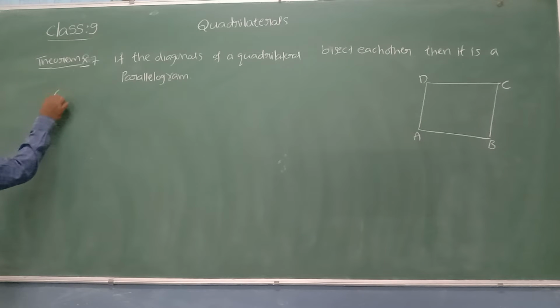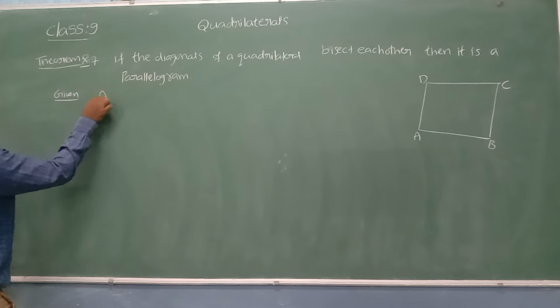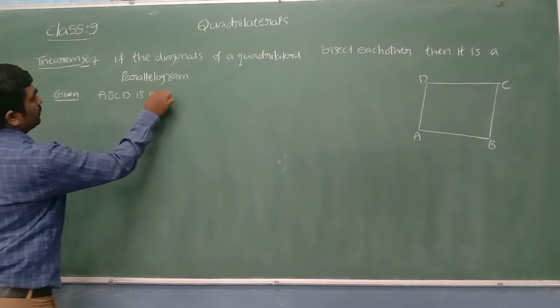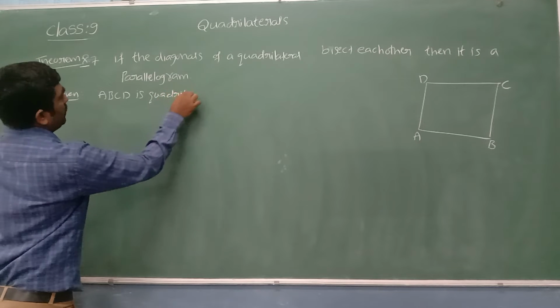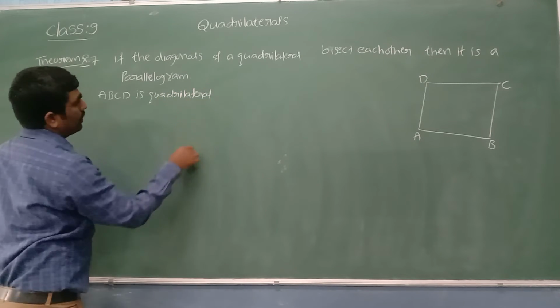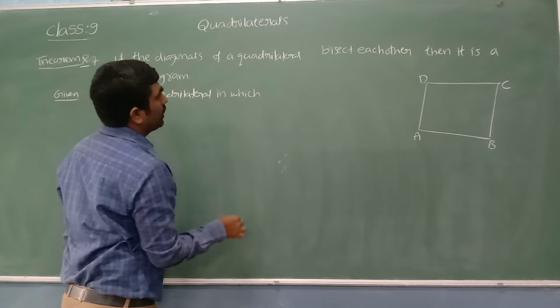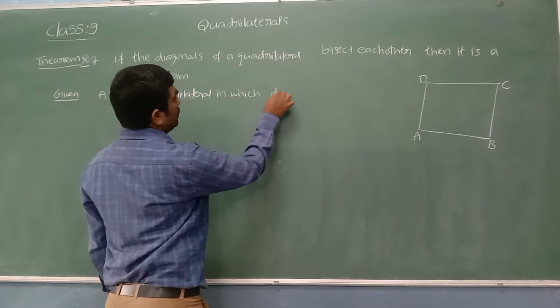Let us write the given data first. Given: ABCD is a quadrilateral in which the diagonals bisect each other.